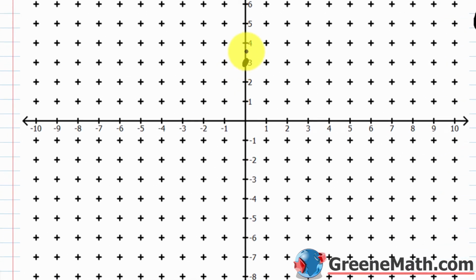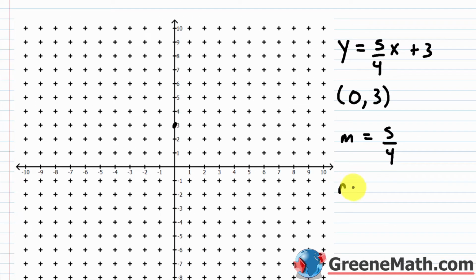Now, for a slope of 5/4, you think about rise over run is equal to 5/4. And it's very, very easy to figure out what's going on here. If rise is 5, that means I just go up 5 units. So 1, 2, 3, 4, 5. Now, if run is 4, then I go to the right 4. 1, 2, 3, 4. That's a point right there.